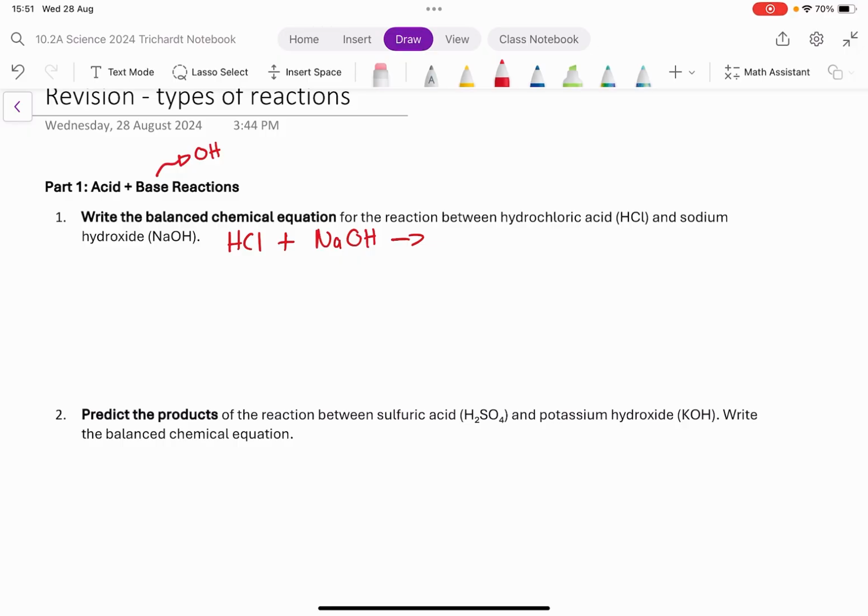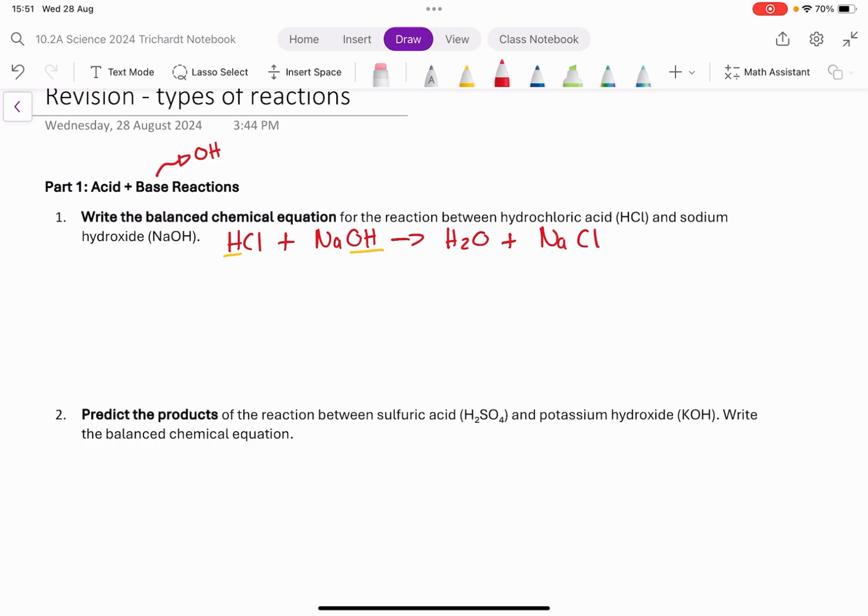So we have some sort of salt, and we know that water is formed. Now the salt must be made up of whatever hasn't been used already on our reactant side. In this case, we've used the OH and the H to form H2O, which leaves sodium and chloride left. We write the metal and then the non-metal first, so it must be sodium chloride.